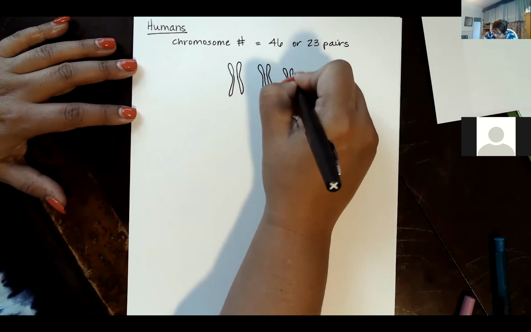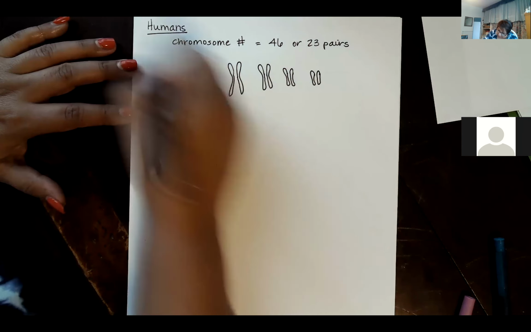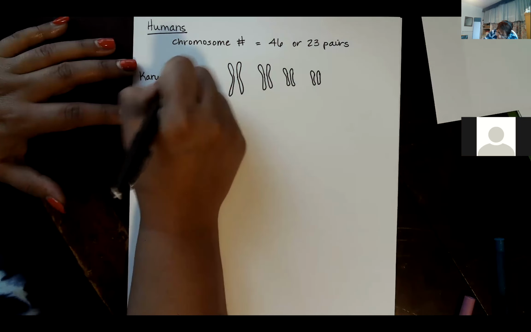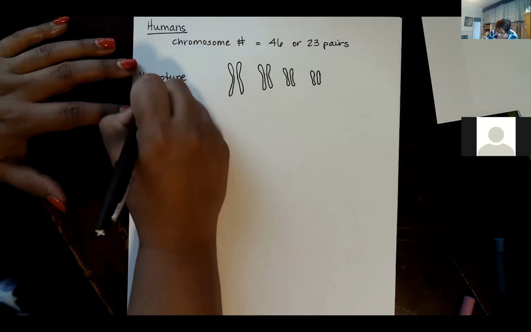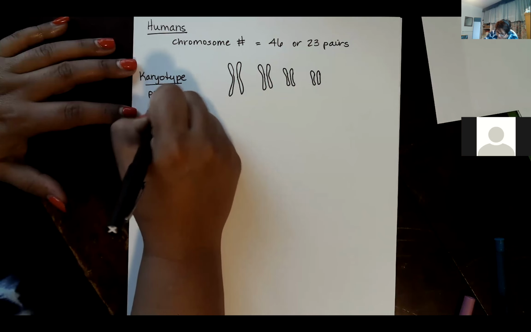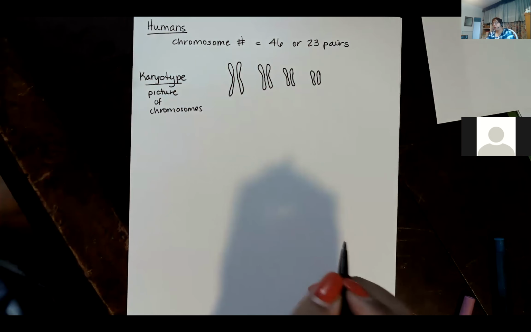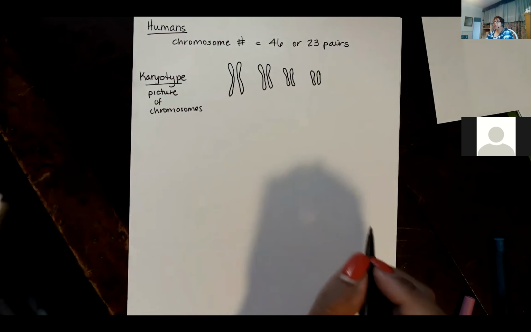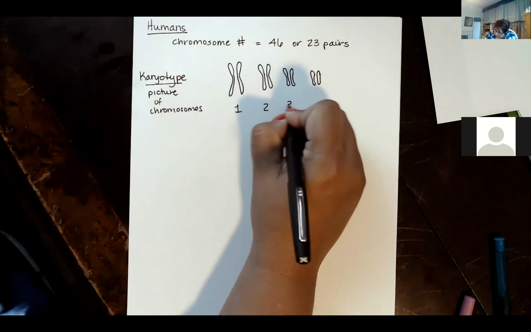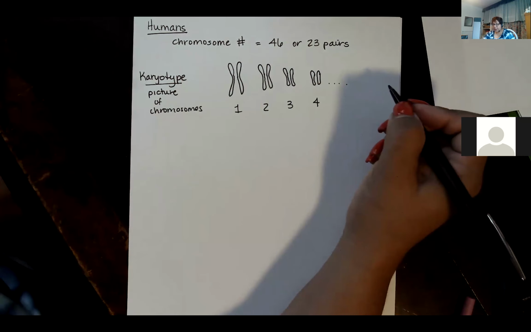If you've ever seen a picture of chromosomes, what's called a karyotype, they're always put out in order. So you have chromosome number 1, number 2, number 3, number 4, all the way down to the 23rd pair.